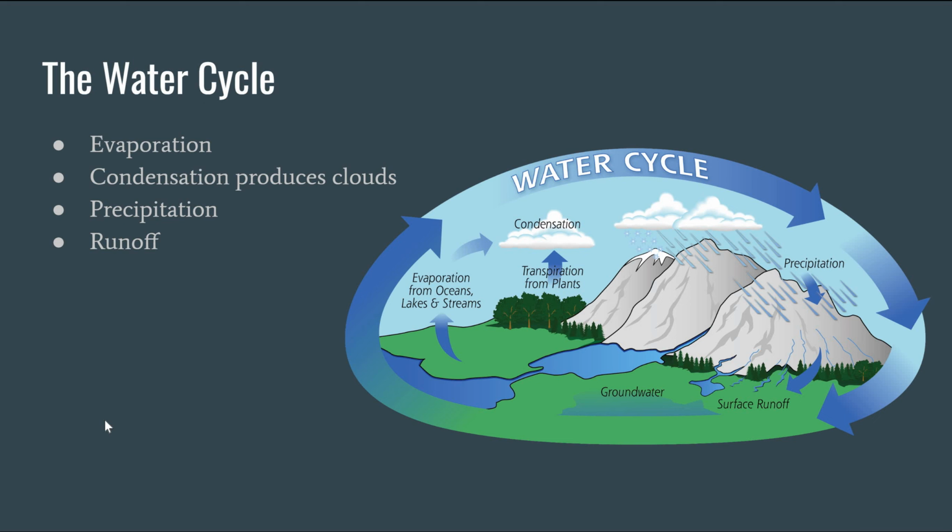Precipitation also depends heavily on the temperature in the atmosphere. Those three processes, evaporation, condensation, and precipitation, are the most important ones to recognize when learning the water cycle.